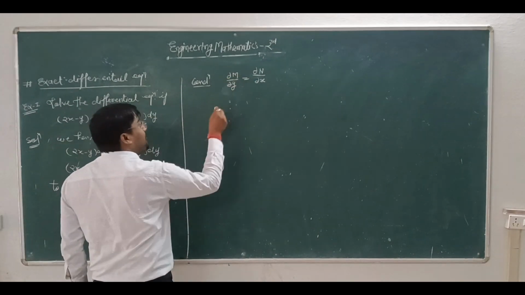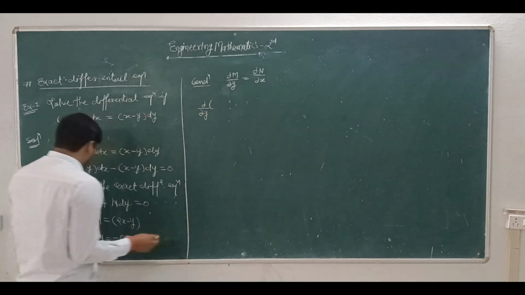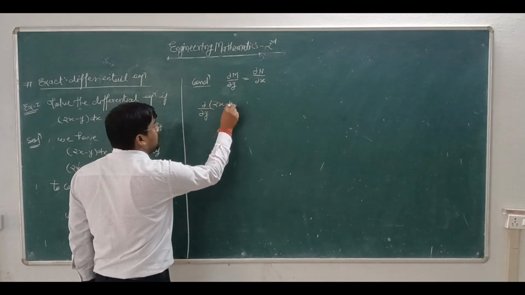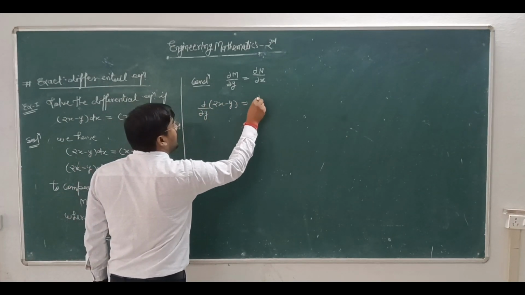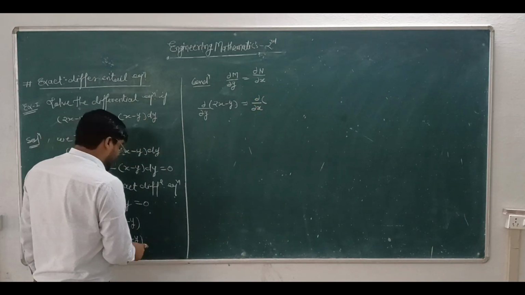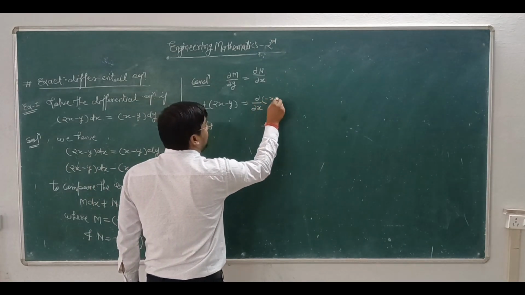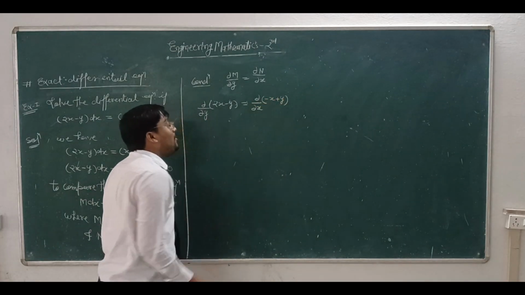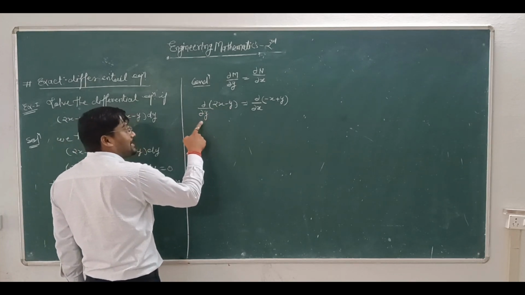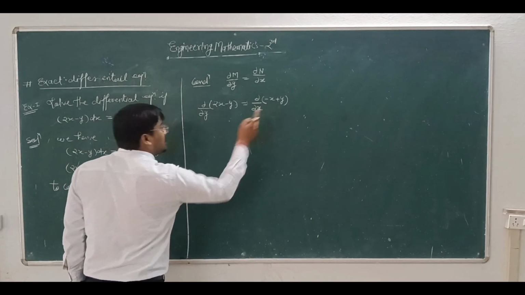Now putting the value, del of del y of M, this is your M, 2x minus y, is equal to del of del x of N, N is this, minus x plus y. Now differentiate with respect to y in this function, x is constant; in this function, y is constant.